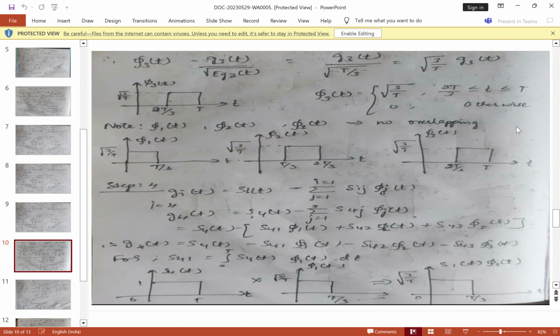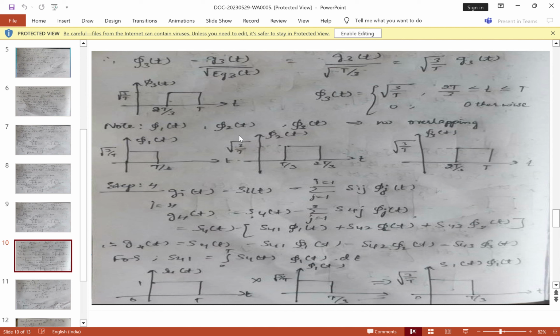Here are the three signals which were orthogonal, that is psi 1 of t, psi 2 of t, psi 3 of t, with amplitude root of 3 by T. Here T by 3, 2T by 3 and T are the time limits of the signals.